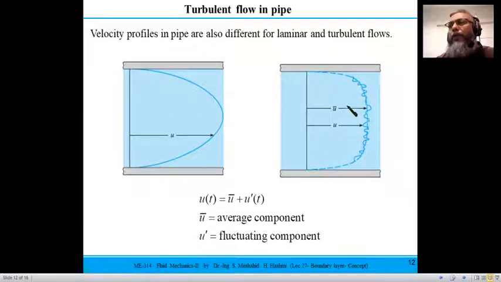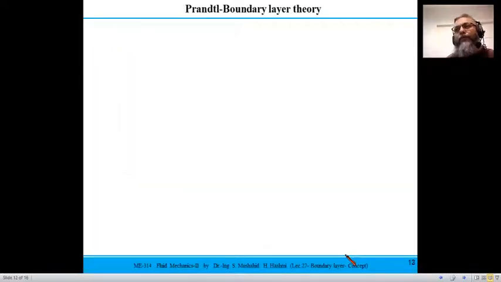So different velocity profiles are present in different flow regions. In laminar, you have a different velocity profile. In turbulent, you have a different velocity profile. And this is how we distinguish two different types of flow regions, whether it's laminar or turbulent.